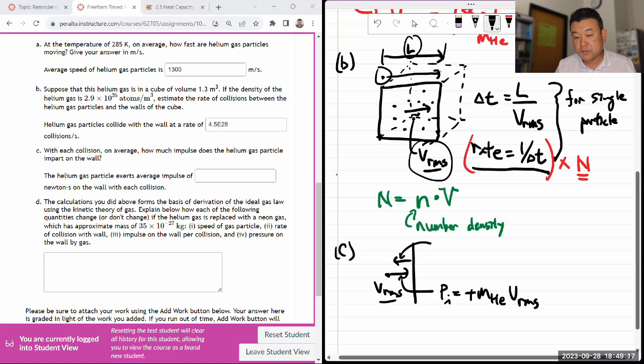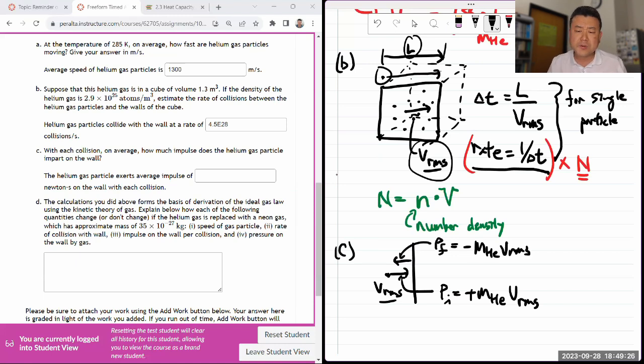The reflected particle has a final momentum of minus m VRMS. I'm using plus and minus to indicate the directions. So when you take the difference in the momentum, that's basically twice this incident magnitude.